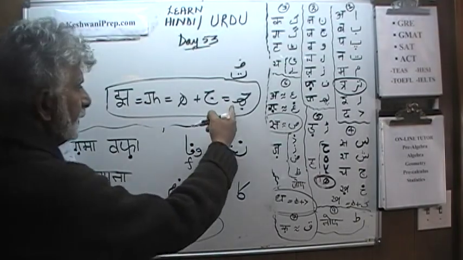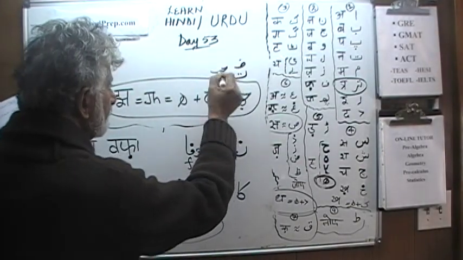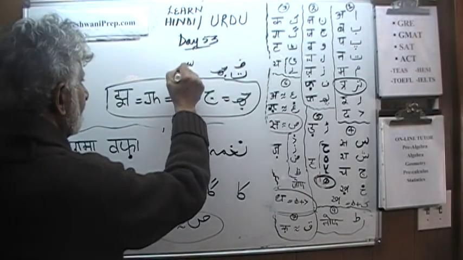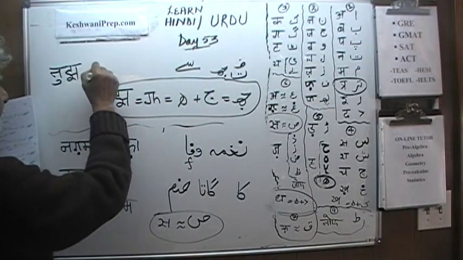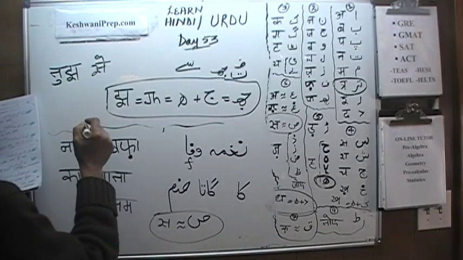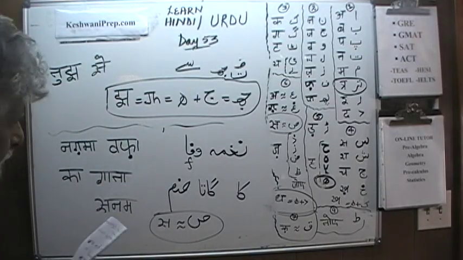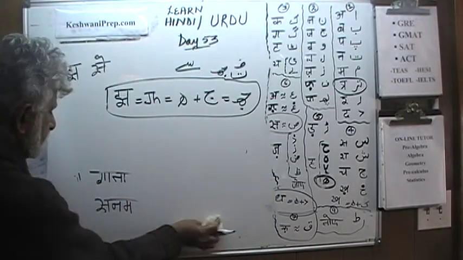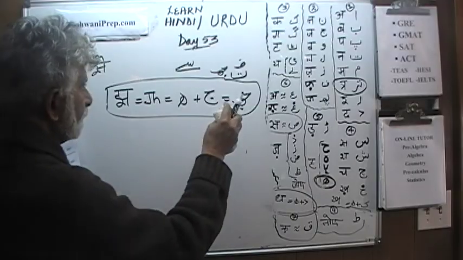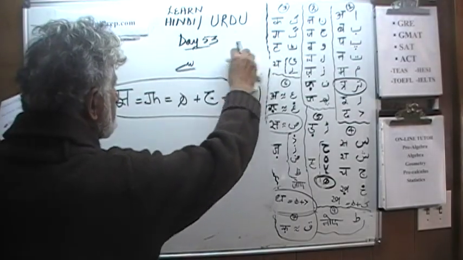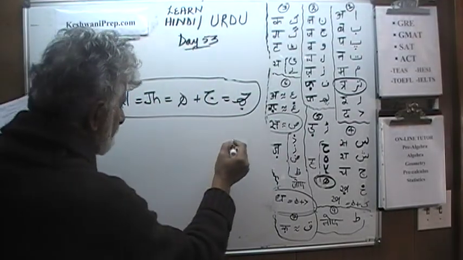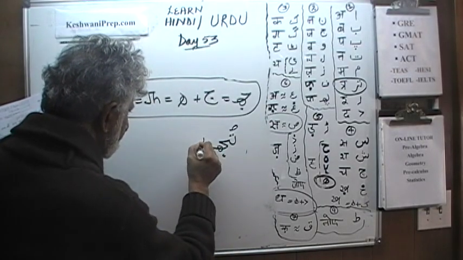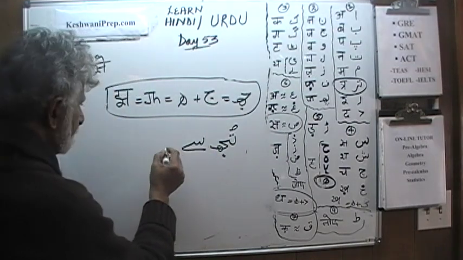We have a tu, now we need a ja. Tuj. Tuj se, sunana. Tuj se, let's put tuj together. Tu and ja. Tuj se, sunana.